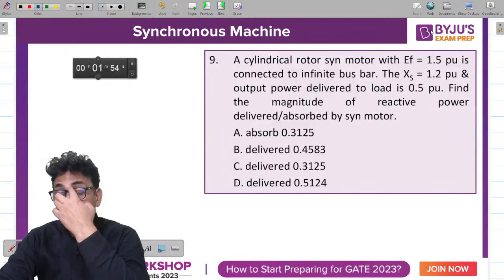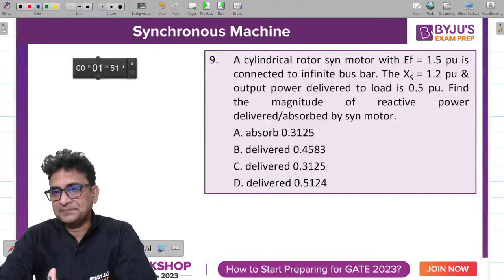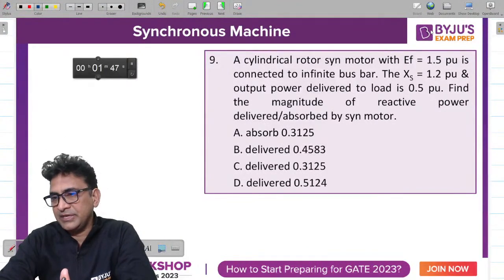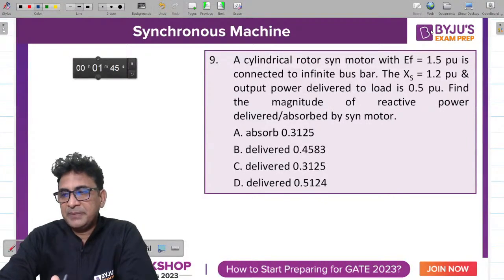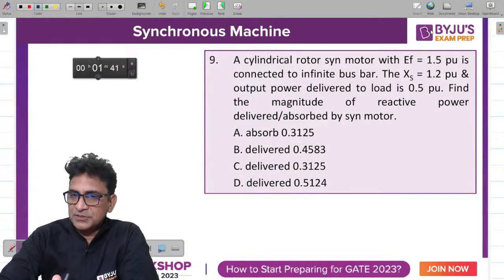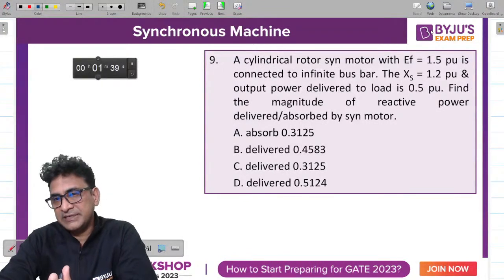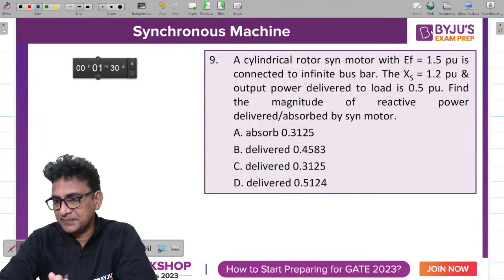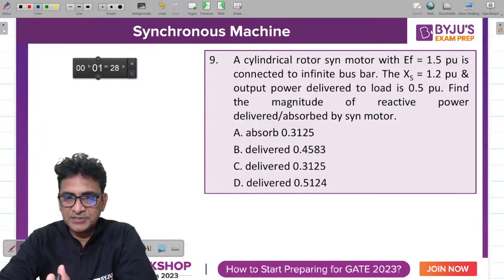An induction motor always draws reactive power from the supply to create the rotating magnetic field. But depending upon the excitation, the synchronous motor can either deliver reactive power, absorb reactive power, or neither deliver nor absorb it. So all three cases are possible.